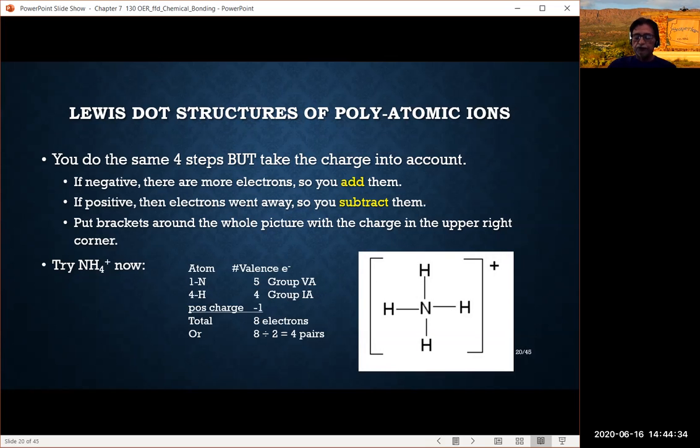That means that the 4 hydrogens are bonded around it. It has a general formula of AB4. We can do the general formula like we did the others. Okay. So it's tetrahedral in shape. And we put the brackets around it with the plus charge to designate it as a polyatomic ion.